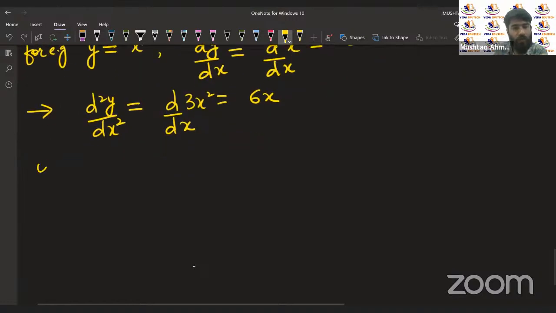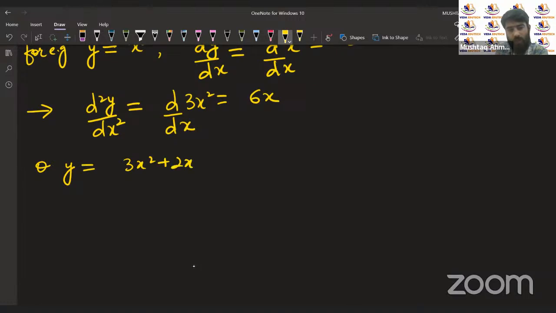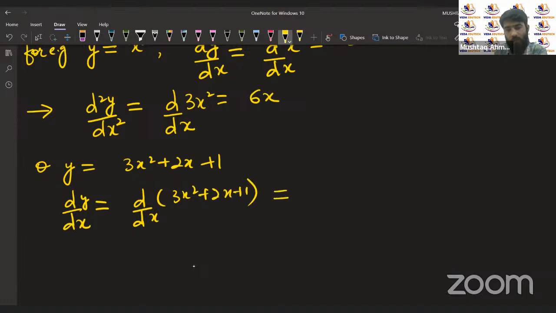Similarly, if we have a function like this, y equal to 3x squared plus 2x plus 1, and we calculate the derivative of this function, that's dy by dx, which will be d upon dx of 3x squared plus 2x plus 1. We'll just distribute this derivative, right?